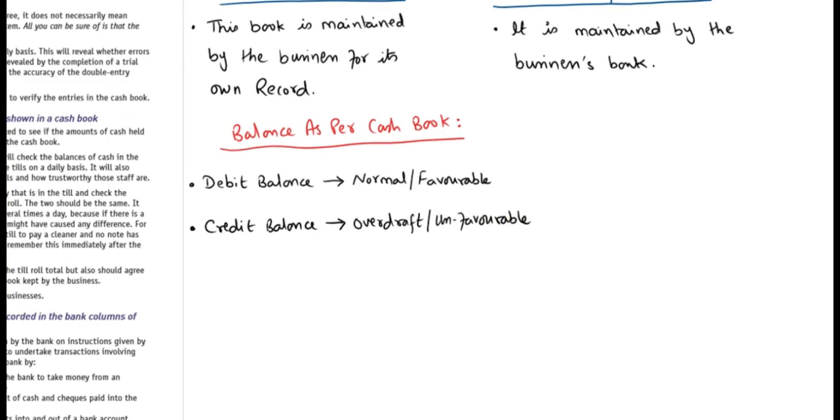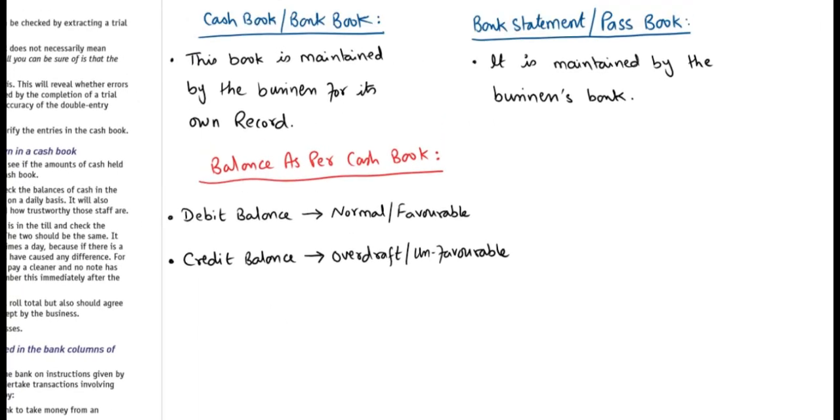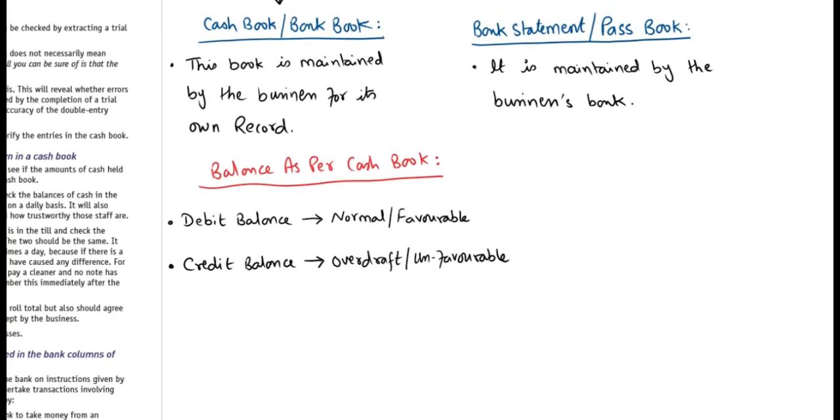So in the cash book, which a business is maintaining for itself, the normal balance is the debit balance. By default, the cash book balance will be the debit balance. If the question is silent, we have a debit balance in our cash book.